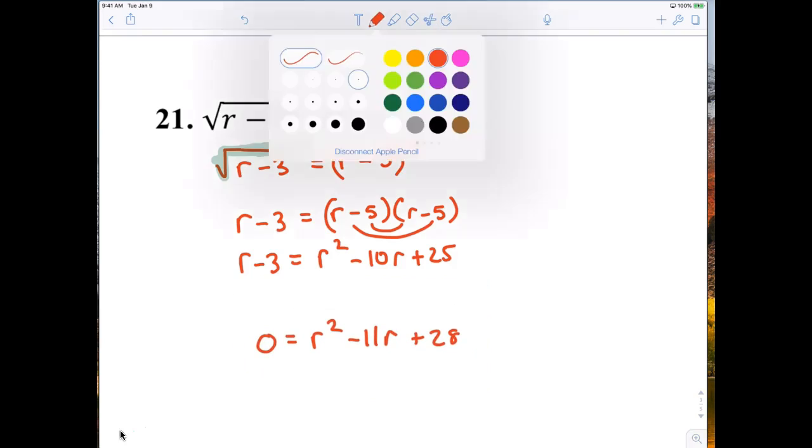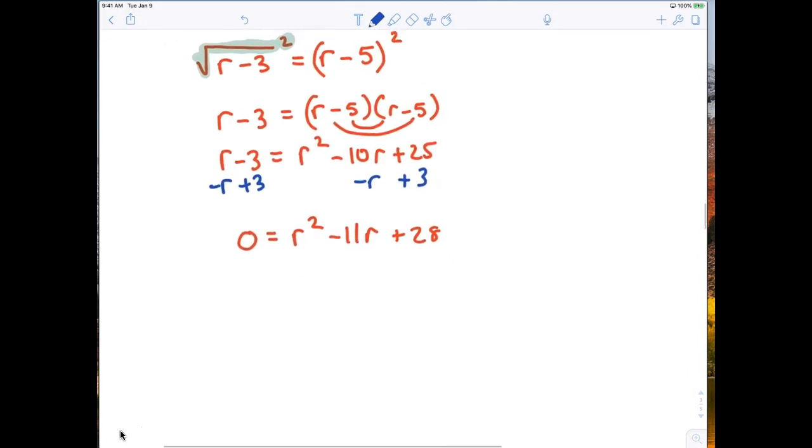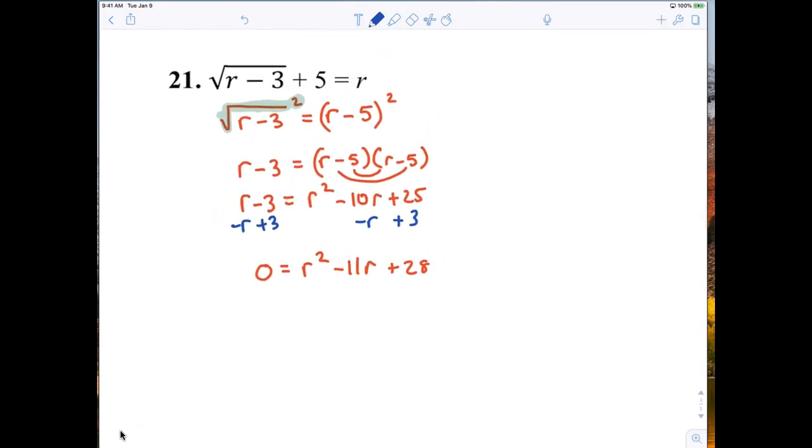I subtracted r, right? And I added 3. Subtracted r and added 3. Is that good? Now, does that factor? Yes. Somebody besides Jack, tell me what that factors to. R minus 7. Exactly. R minus 7 and r minus 4.